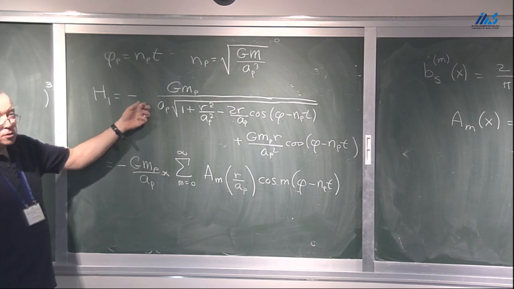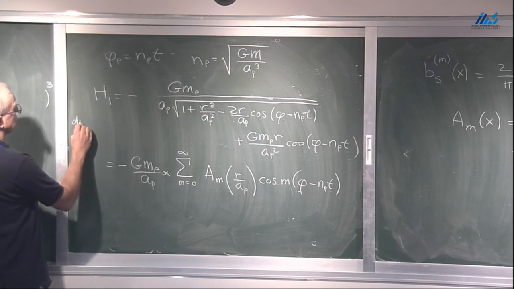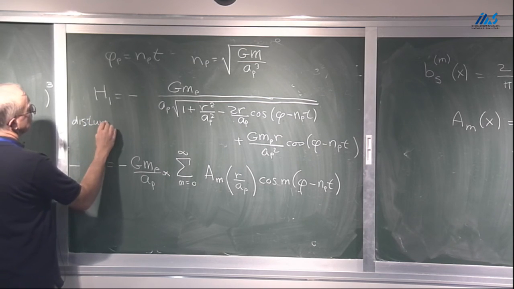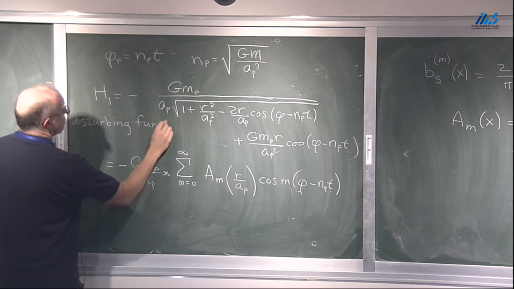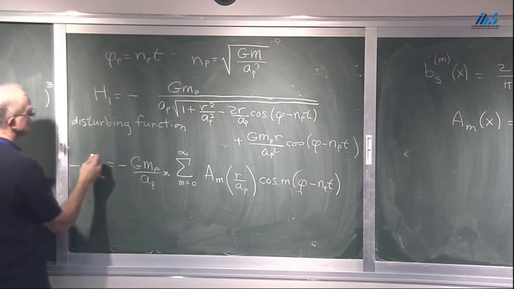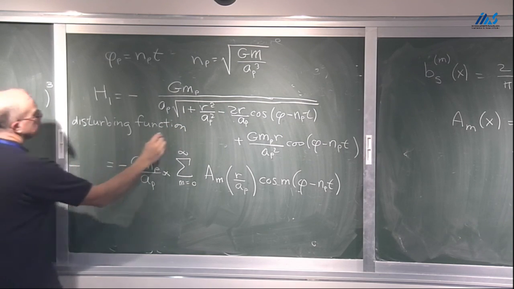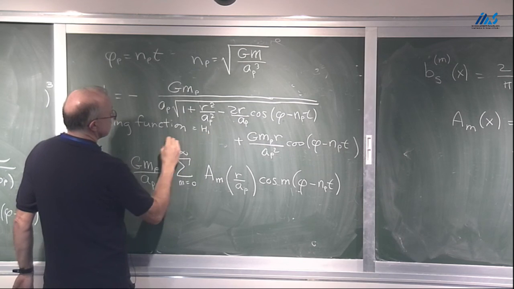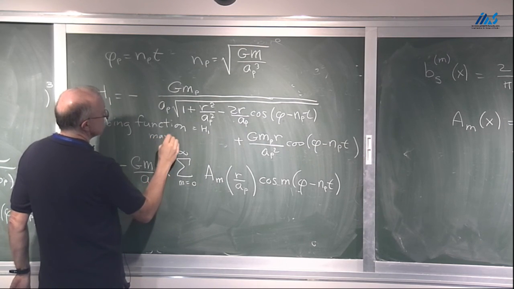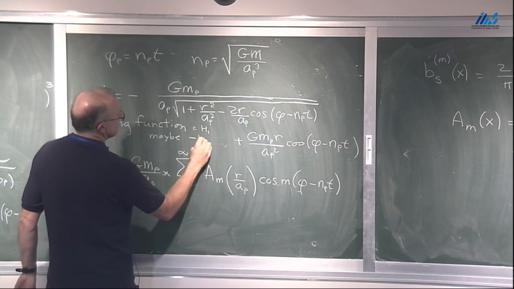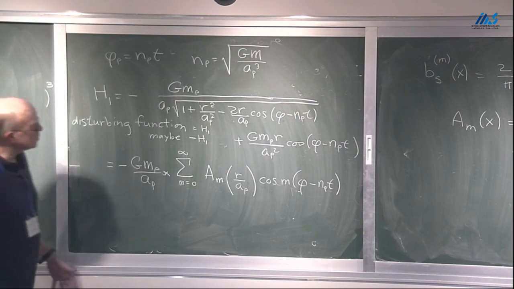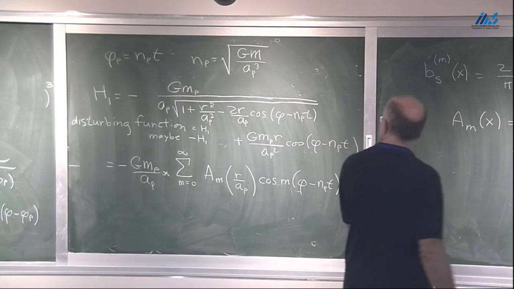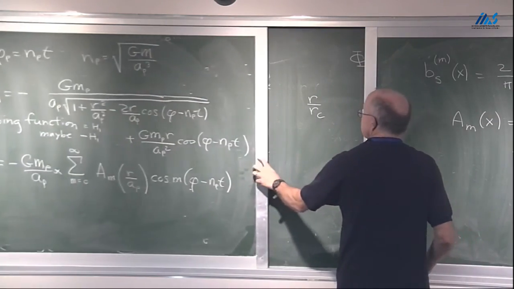Once you get into planetary theory, this is usually called the disturbing function, except the disturbing function is h1, or maybe sometimes it's minus h1. And again, I can't help it. That's what people do.